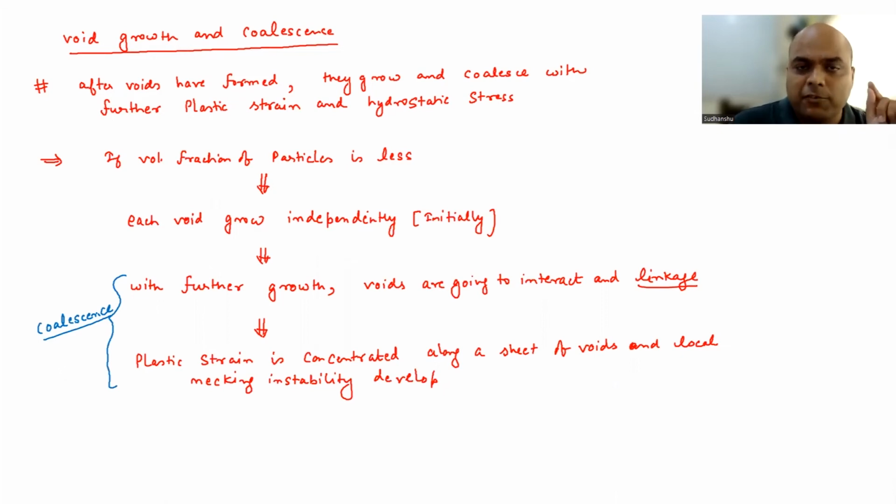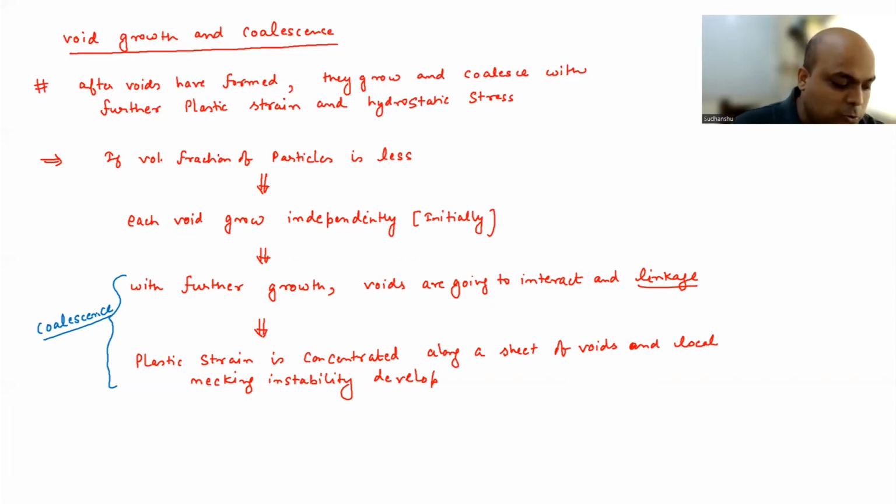Even if the volume fraction is small, initially they will grow independently, but as they grow, the distance between two voids is going to decrease. So there will be interaction again at the later stage of the growth of voids. And then there will be linkage. They are going to coalesce with each other, and then finally fracture is going to occur.